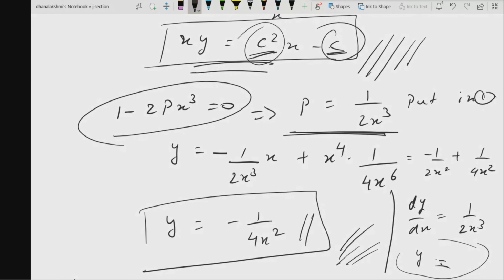Clear? Yes, ma'am. Okay. So keep in mind, don't write P as dy by dx. We need to eliminate P just by calculating the P value and substituting it in the given equation. That's how you have to solve it. And with this factor, you will get only the singular solution, not the general solution. To get the general solution, you have to consider a factor in which you have a derivative of P. Okay?